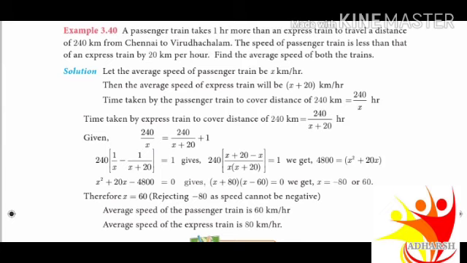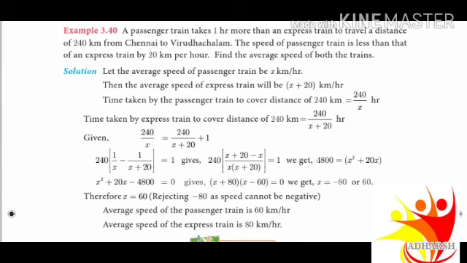And also given that the passenger train takes 1 hour more than the express train. So the passenger train time is 240 divided by x equal to 240 divided by x plus 20, that is the express train speed, plus 1 hour more, that is plus 1. Now simplify the equations.